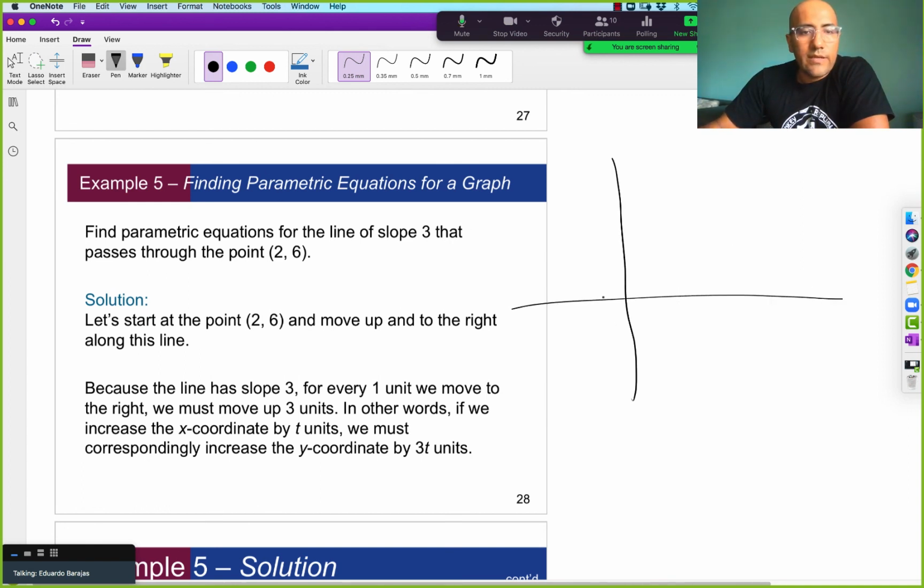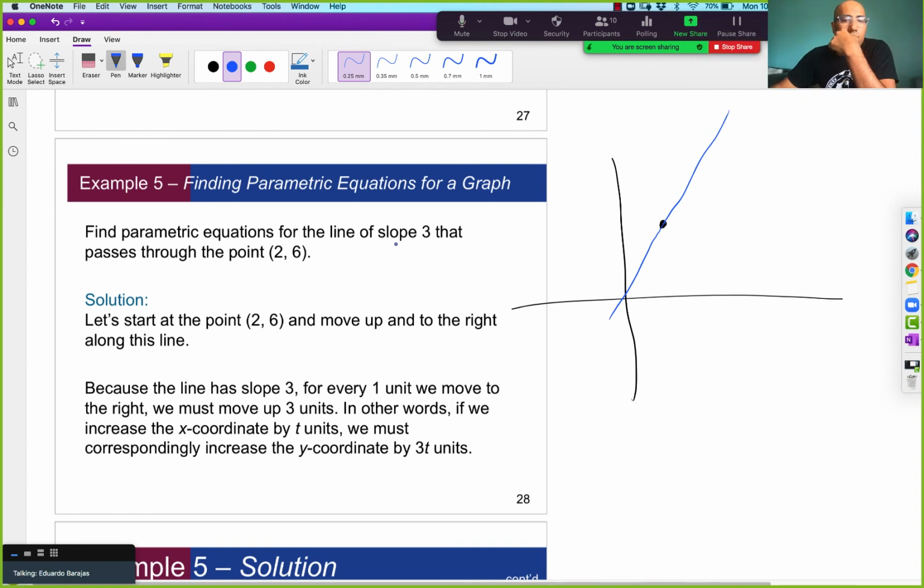There's a point at 2 comma 6, somewhere around there. And there's a line that goes through it that has a slope of 3. So let's make it in blue. Maybe something like that.